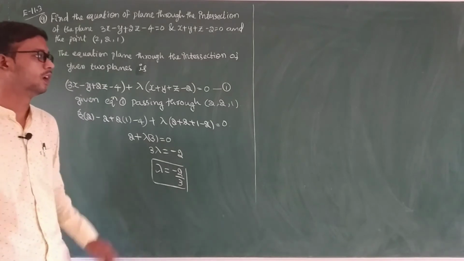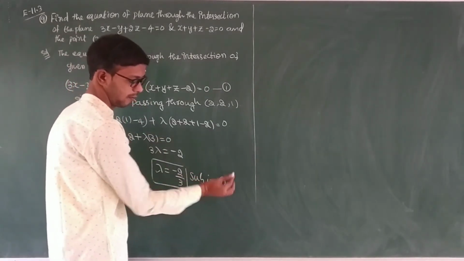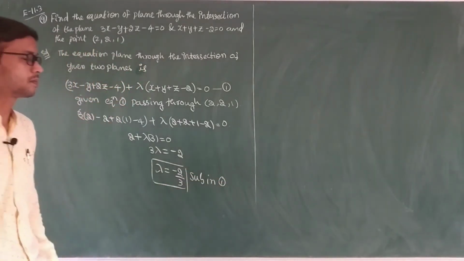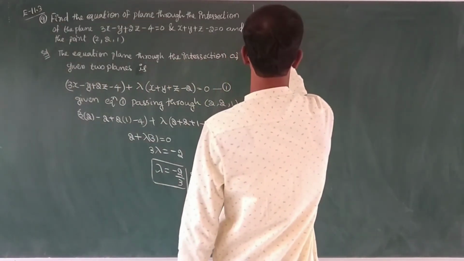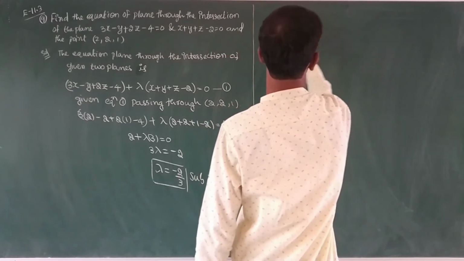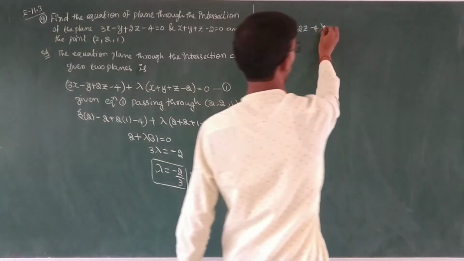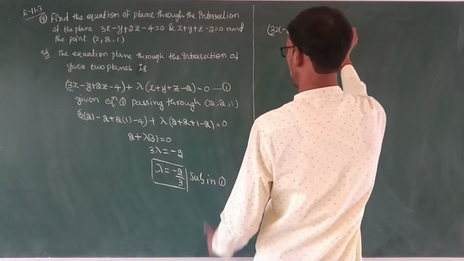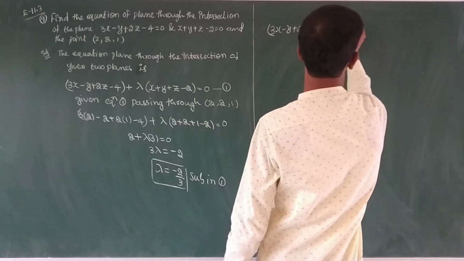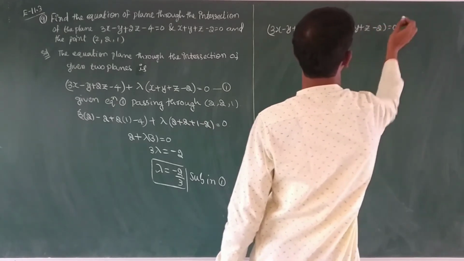Substitute this value in equation 1. We have 3x minus y plus 2z minus 4, plus lambda value minus 2 by 3 into x plus y plus z minus 2 equal to 0.